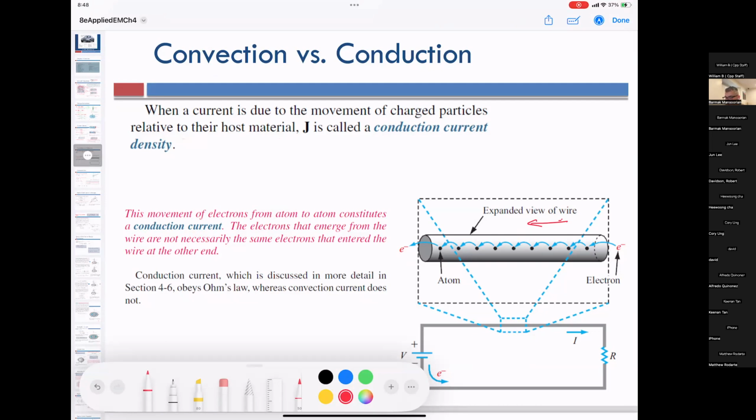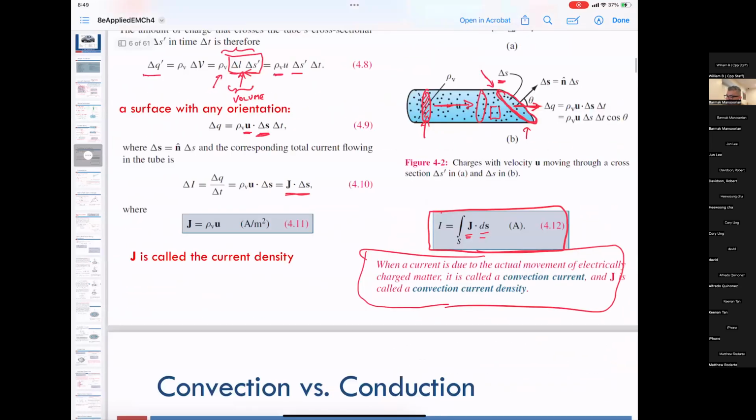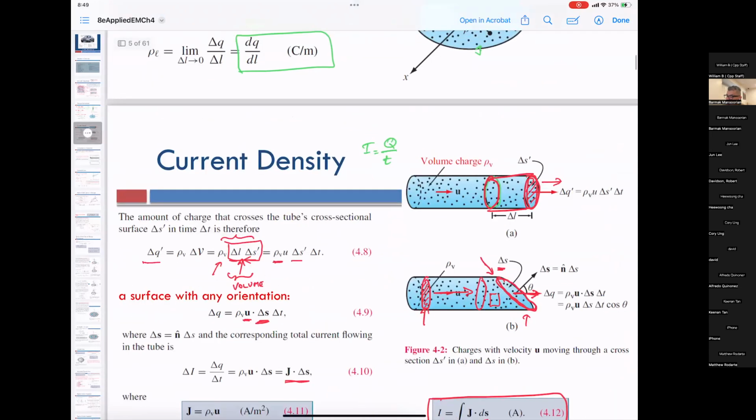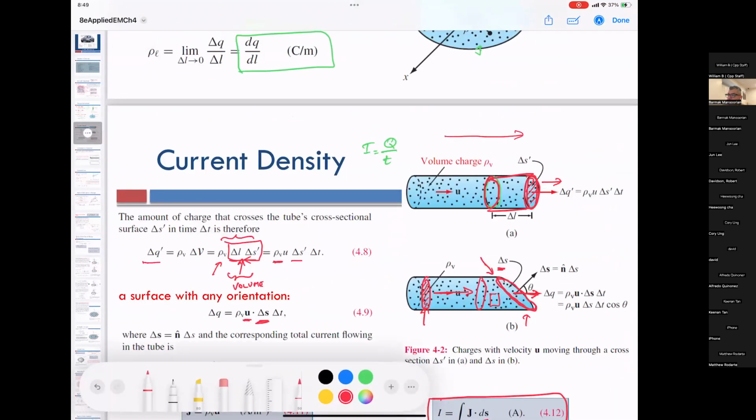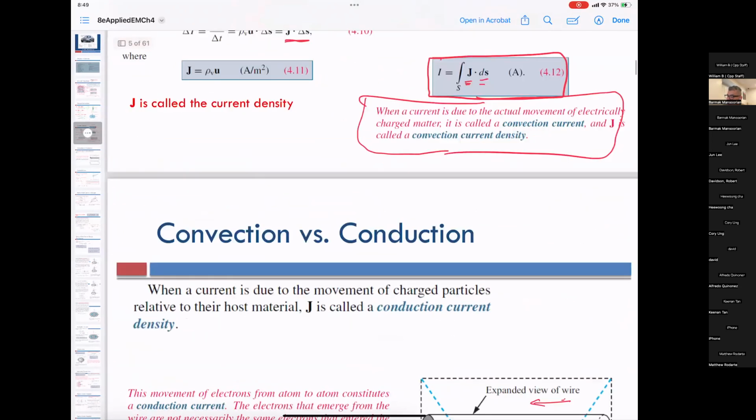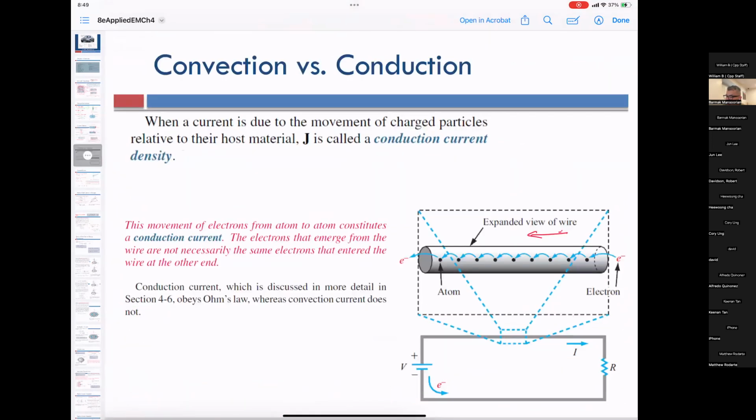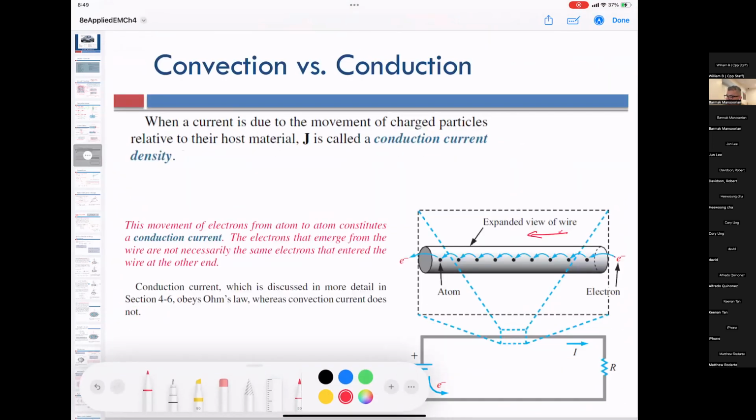One really important thing about current is, when we're talking about a current with charge moving, a volume of charge moving through a wire, it's not the same electron moving all the way through the wire. What happens is electrons are moving, maybe nudging along in little increments.